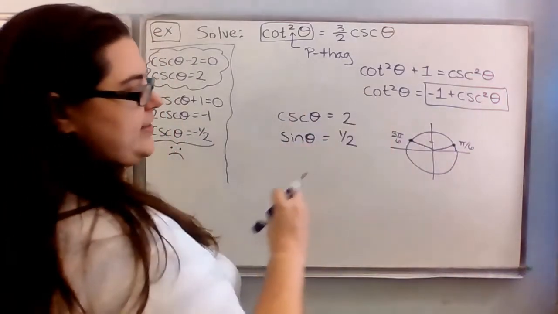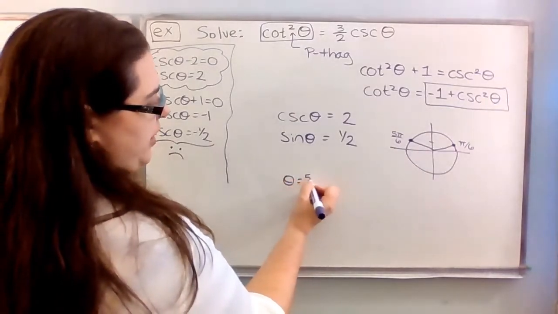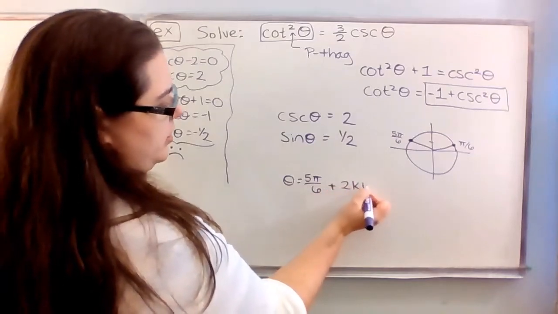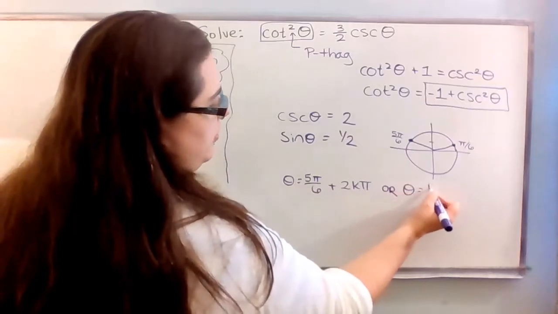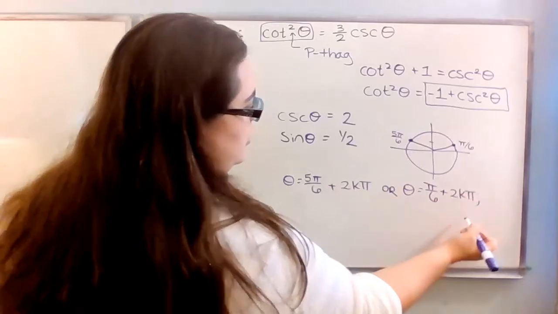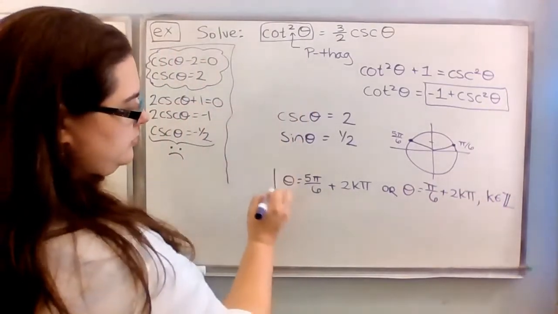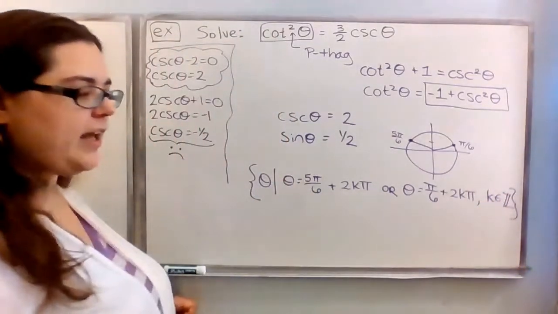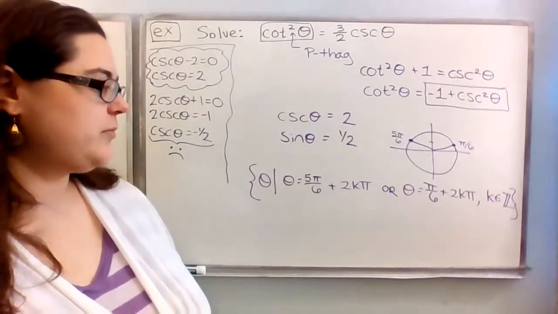So putting all of that together, we get solutions that are going to be 5 pi over 6 plus 2k pi, or pi over 6 plus 2k pi, where k is an integer. So this is going to be our inelegant yet still correct solution for this equation.